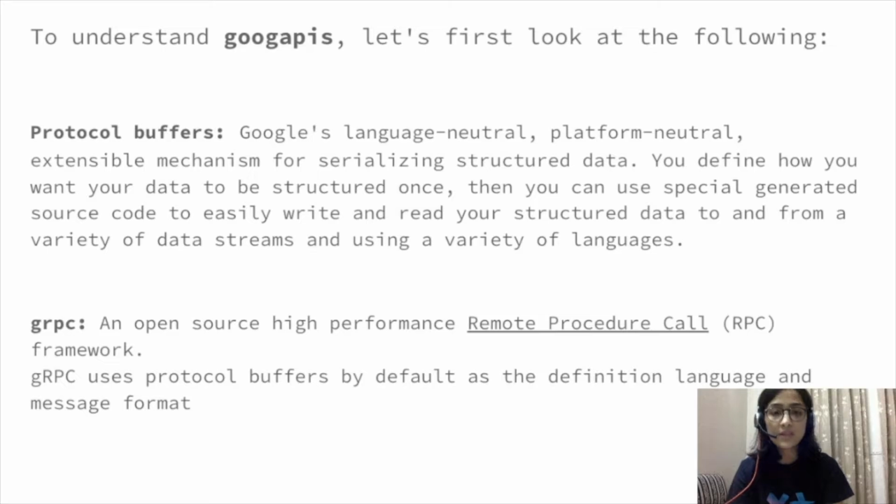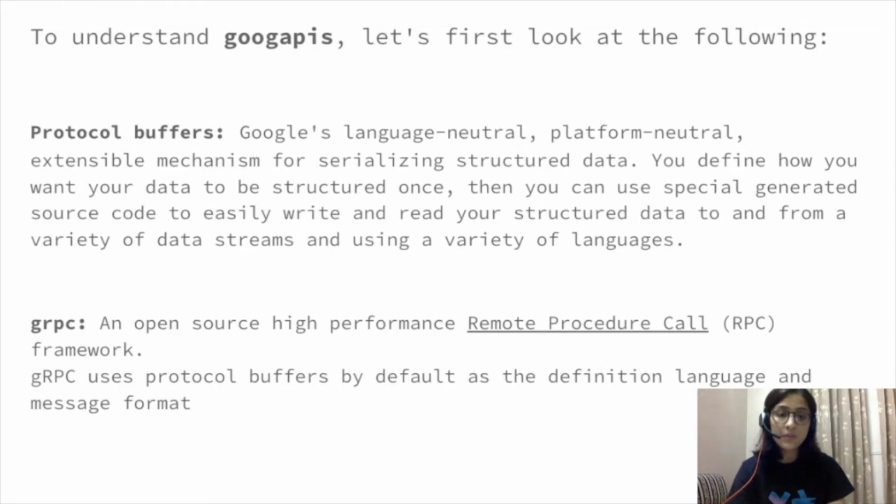Then you can use special generated source code to easily write and read your structured data to and from a variety of data streams and using a variety of languages. So protocol buffer, also called protobufs, is used to serialize structured data and is also useful in developing programs to communicate with each other over a network or for storing data.